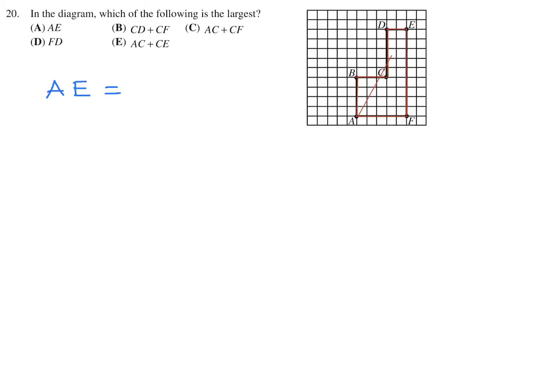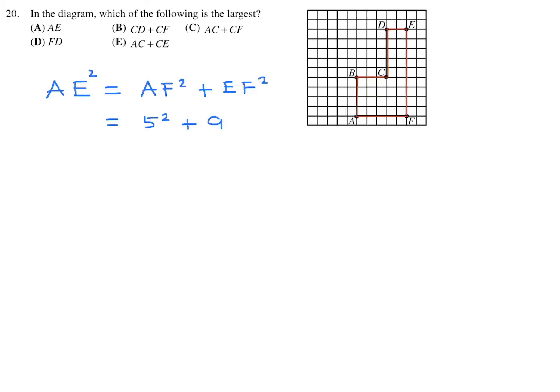So we obviously got to use Pythagoras, right? AE squared is AF squared plus EF squared. AF is 5, you just count them, and EF is 9: 1, 2, 3, 4, 5, 6, 7, 8, 9.